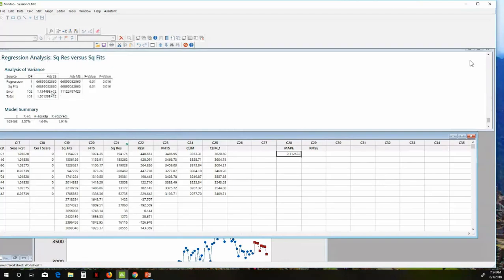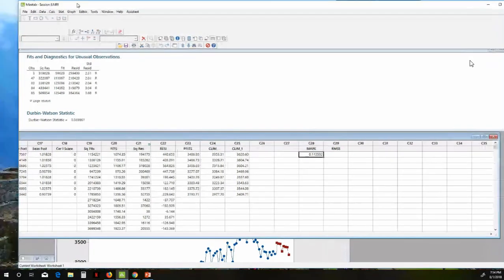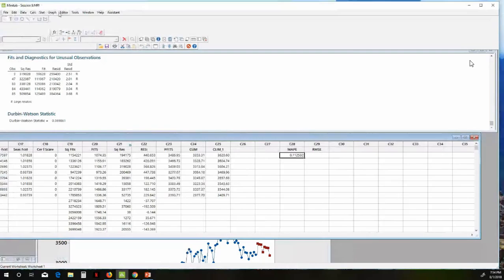Let's see, yeah, it's 104. There, we got it right. That's pretty high MAPE, isn't it? Pretty high. It's double digit. That's not too good for a company. But it's good enough for this class, isn't it?